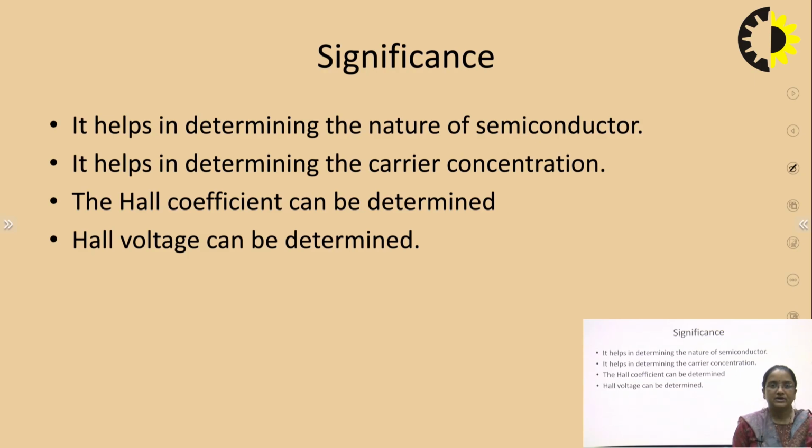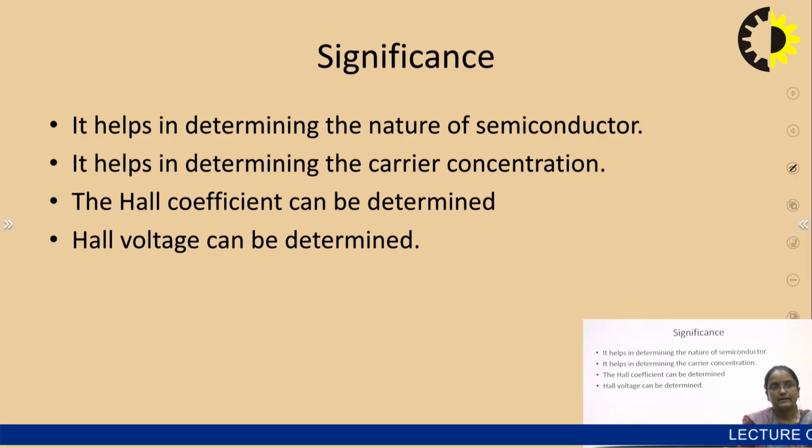For example, if you are given a semiconductor bar and we don't know its nature, how can we determine if it is n-type or p-type? By applying this effect, or by using this experimental setup, we can determine its nature and categorize it as p-type or n-type. So this is all about the significance of using this Hall effect.